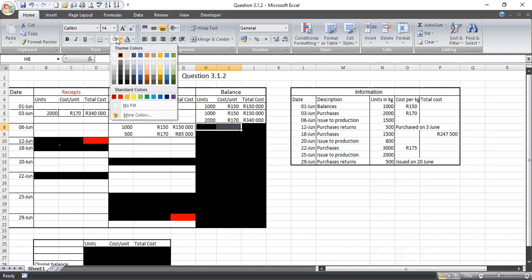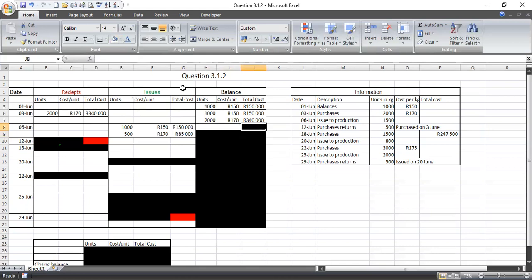So the balance that is left of these 2,000 units, we simply say 2,000 units minus 500 units that we issued, to get a total of 1,500 units at a cost of 170 and at a total cost of 255,000.